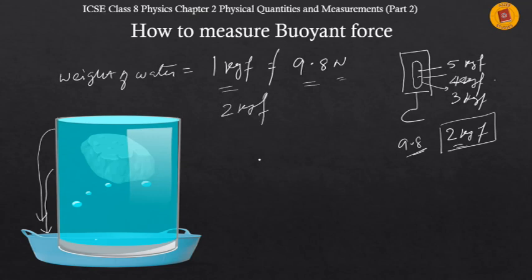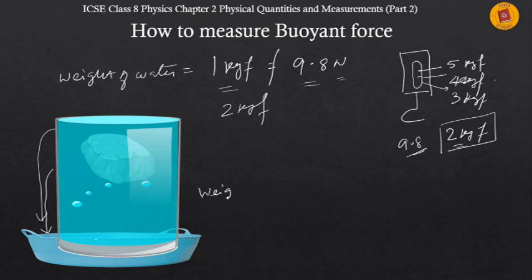So the thumb rule is that the weight of the displaced liquid is equal to the upthrust or the buoyant force. So let's write it here.